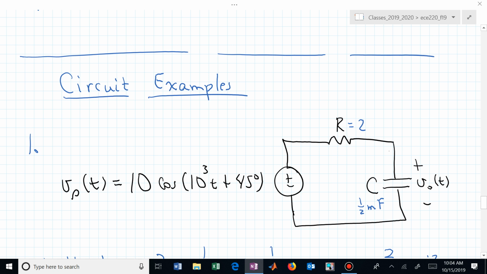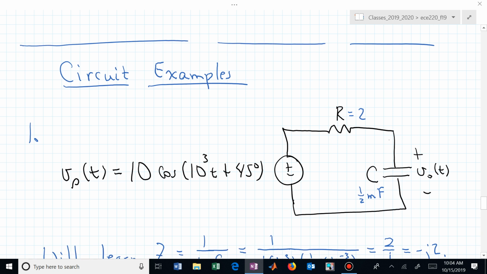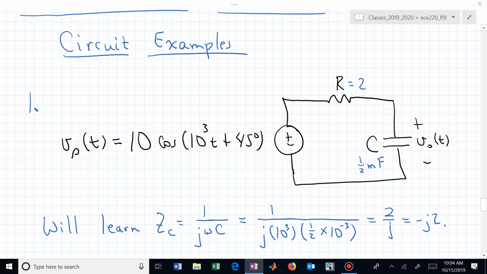You're told that the capacitor has a capacitance of 1/2 millifarad. We haven't covered capacitors yet. That's tomorrow. We have a resistance of 2, and we're applying a cosine waveform of 10 cosine of 1000t plus 45 degrees.